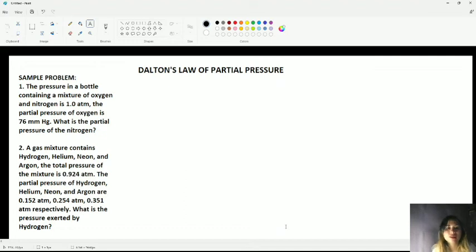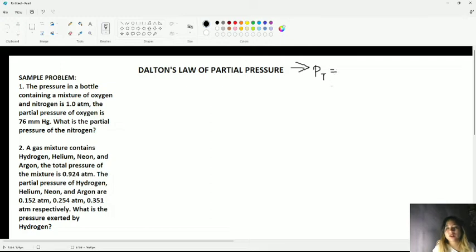Hello, our topic is about Dalton's law of partial pressure. So, Dalton's law of partial pressure has a formula of P sub T, where P sub T denotes the total pressure.